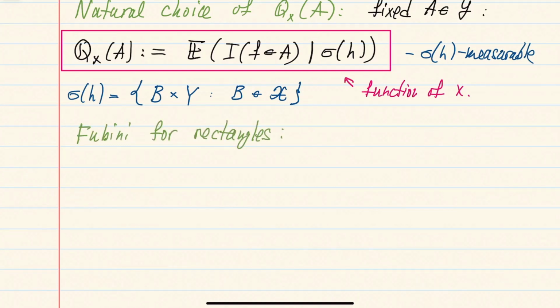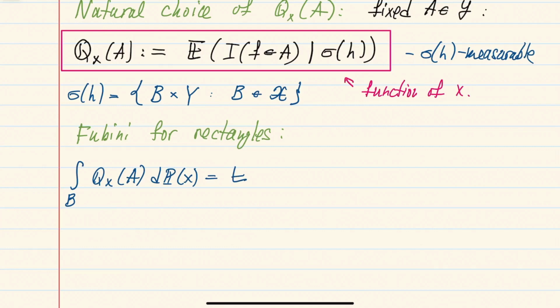Because if we integrate, so we want to integrate this transition kernel Q over some set B with respect to this marginal on X, right? And of course, integrating with respect to X is just taking expectation on this product space.